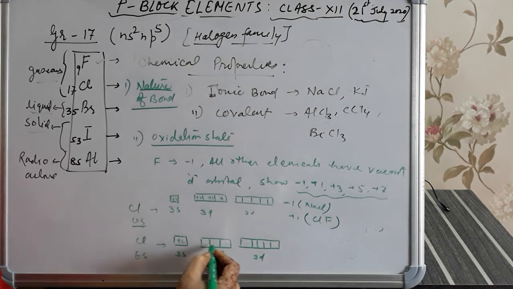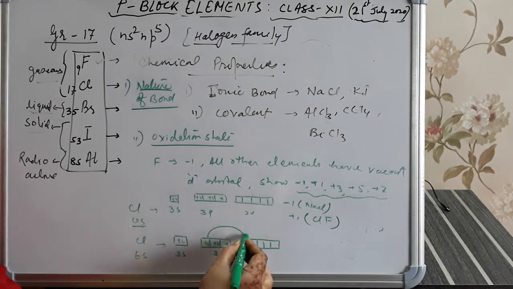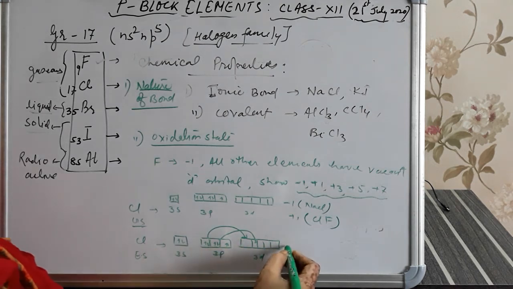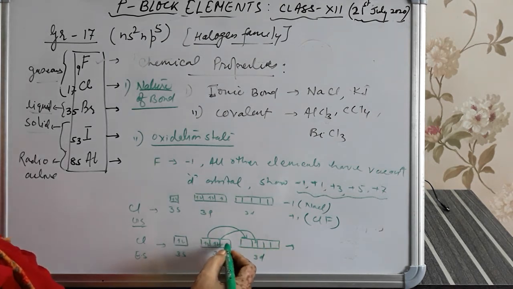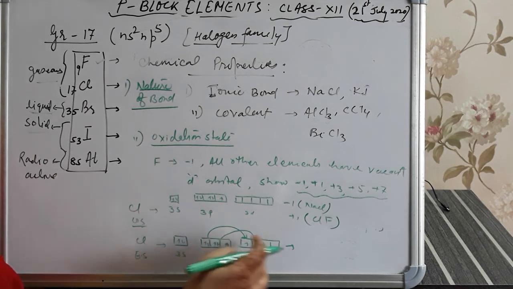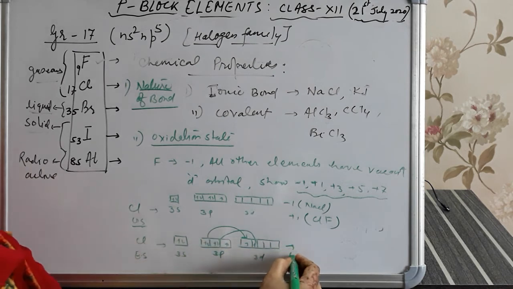So how many unpaired electrons does it have? It has 1, 2, 3, 4 and 5, five orbitals with unpaired electrons here.